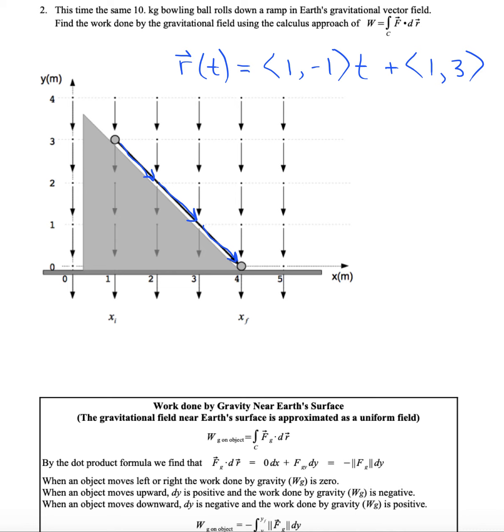Okay. Next, we want to take the time derivative of all this to get the velocity. And that is, of course, going to be ⟨1, -1⟩. Multiply to the other side, and you get ⟨1, -1⟩ dt.